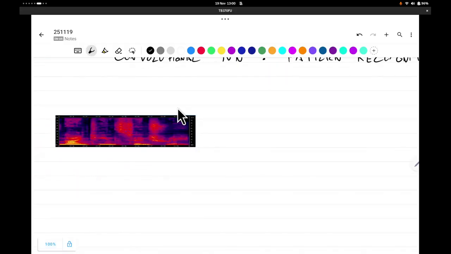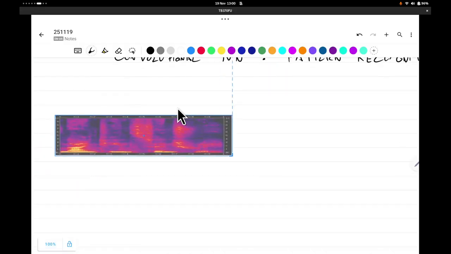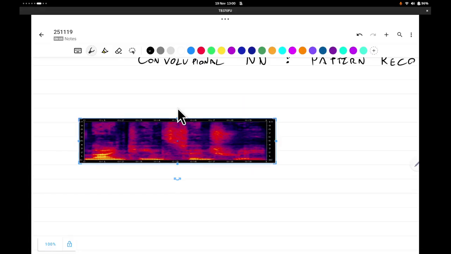What you see here is a spectrogram, in which you have time here and frequency here.